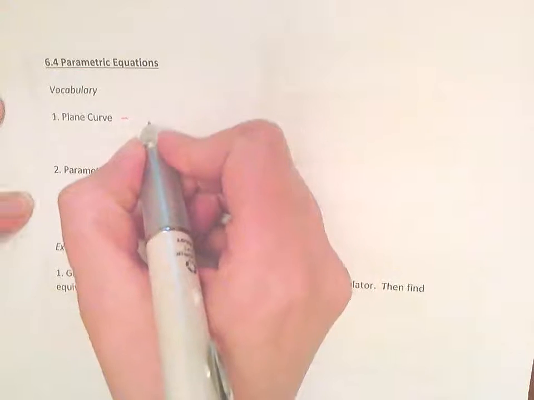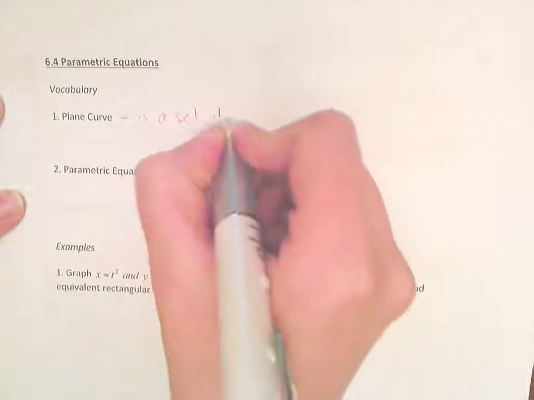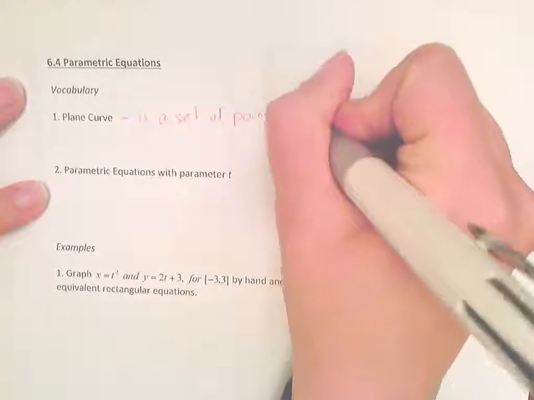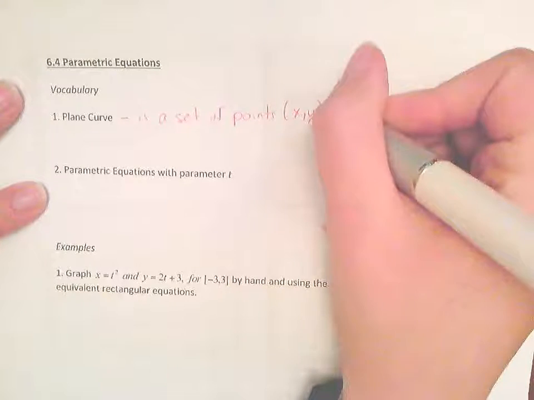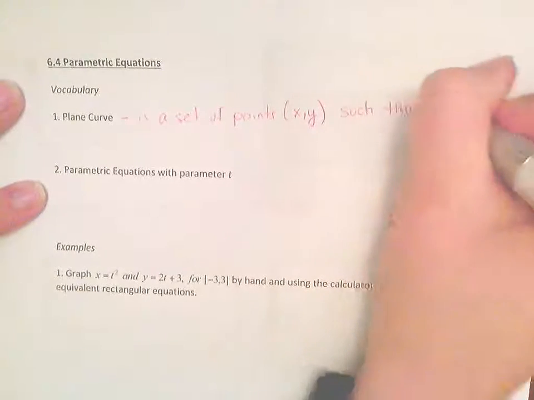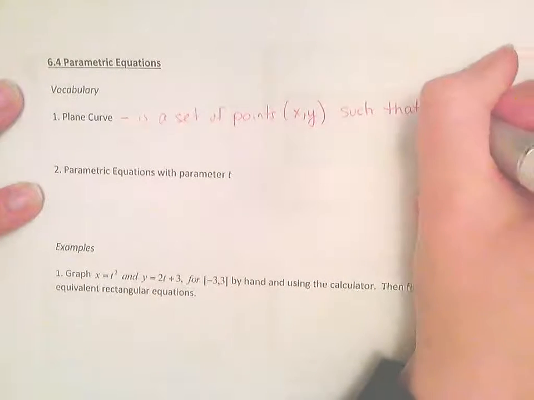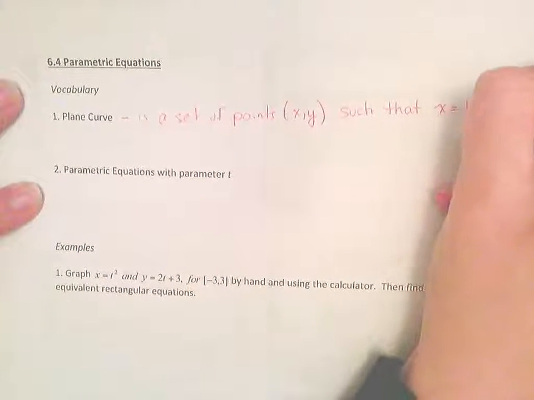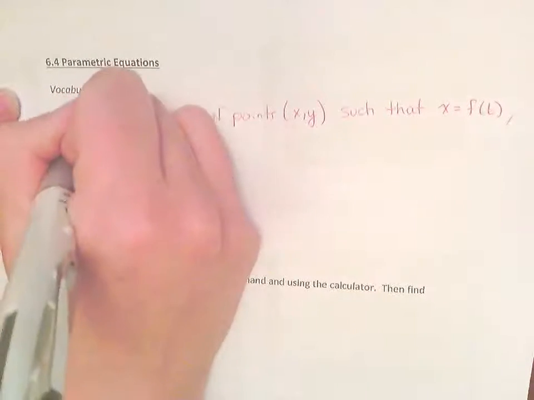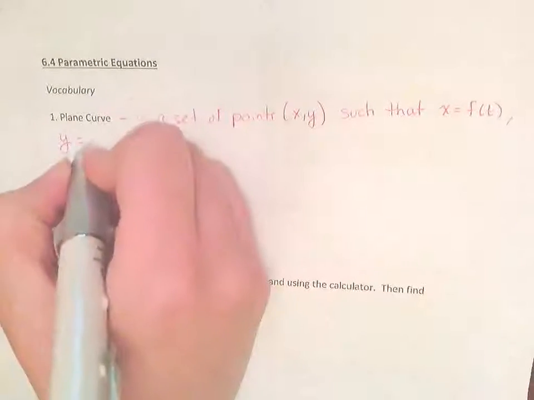Basically a plane curve is a set of points x and y, so on the rectangular plane, such that x equals f of t and y equals g of t.